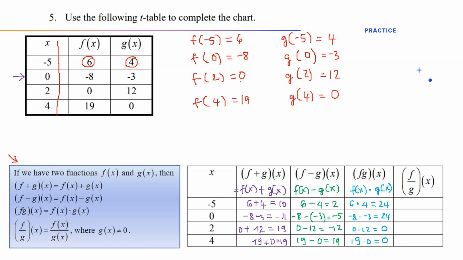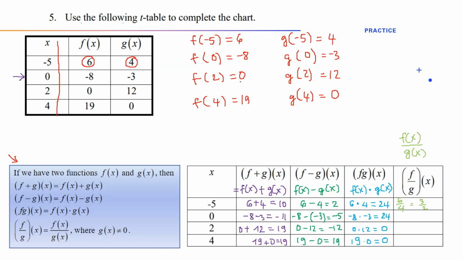Okay, so for the last one, that will be f of x divided by g of x. Now when x equal negative 5, f of x is 6. Okay, 6 divided by 4, that's 3 over 2.